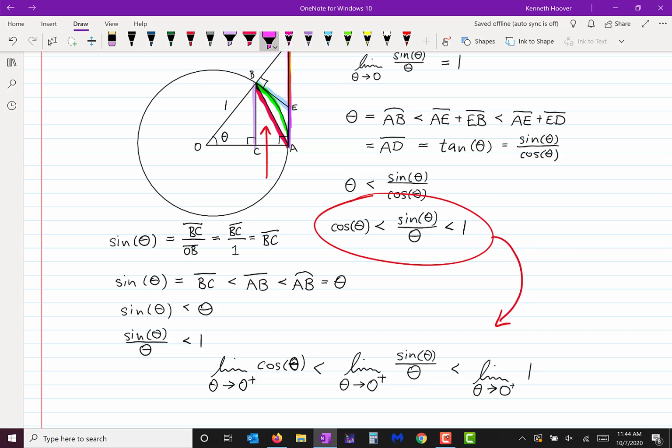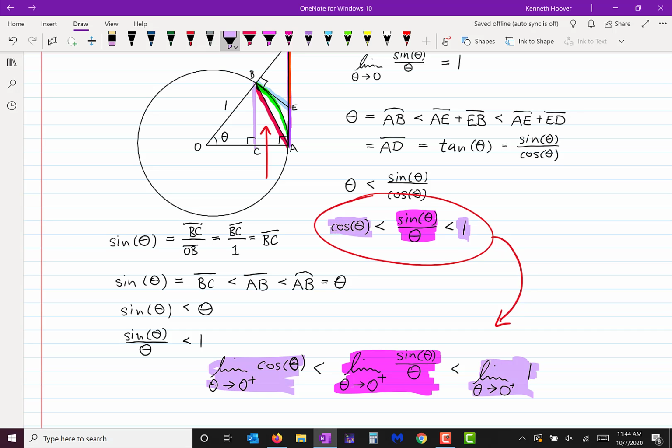Because sine of theta over theta is between cosine theta and 1, then the limit of sine of theta over theta will be between the limit of cosine theta and the limit of 1.